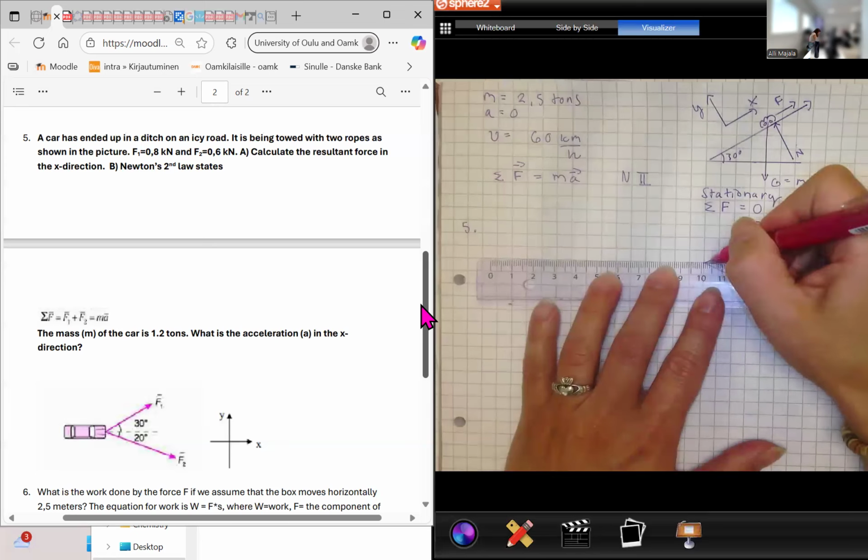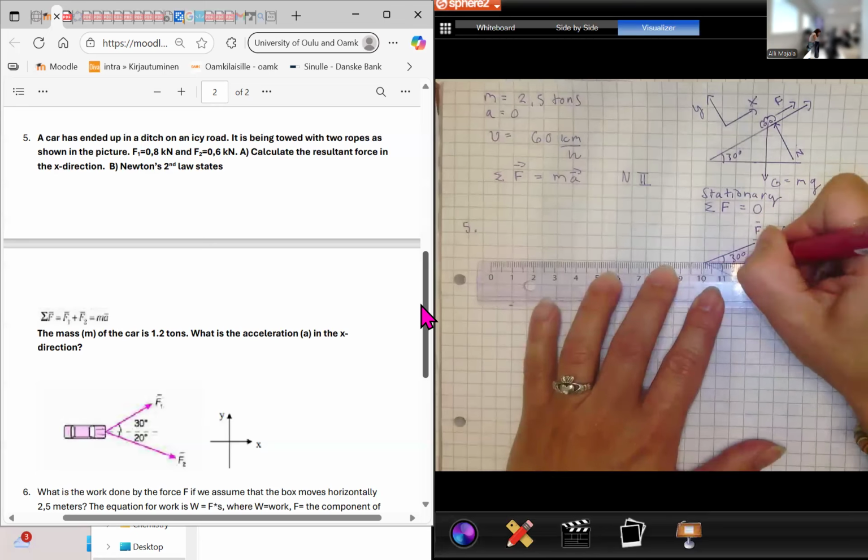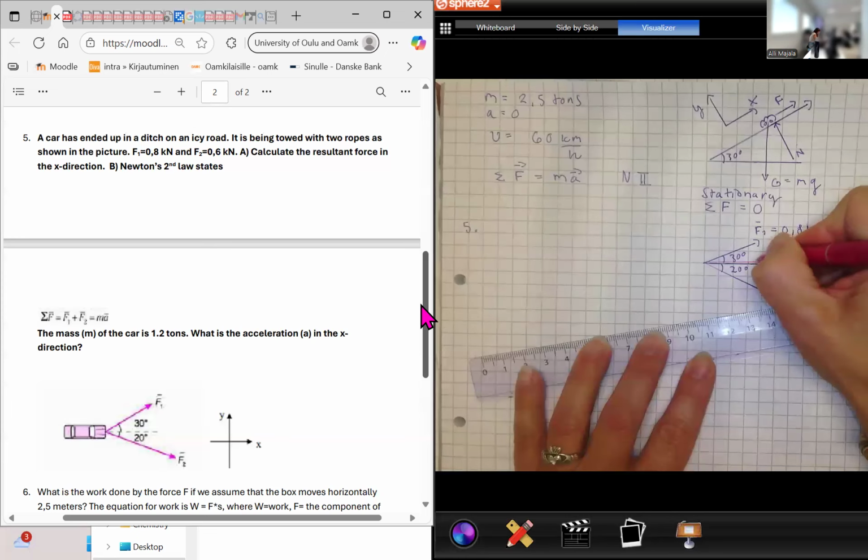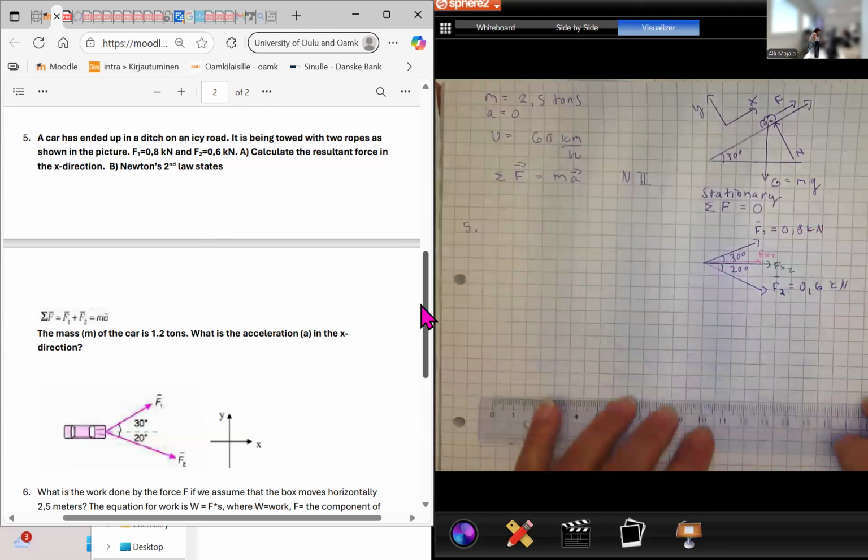And then here you have, it's a bit shorter, fx1.